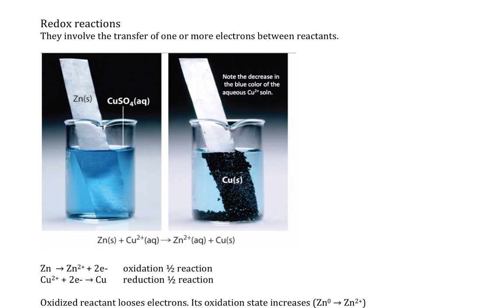And the copper solid that's forming is plating onto the zinc metal. So if we were to rub off all that copper solid, we would find that the zinc strip weighs less after than it did when we first stuck it into the copper sulfate solution.